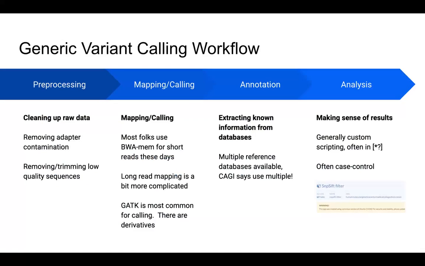But then for mapping and calling, for mapping DNA-seq, obviously RNA-seq is much more complicated. Alexis went through that two weeks ago. You can catch the recording. But for DNA-seq, most people use BWA-MEM. It works really well. And what's really coming online, if you're looking at large cohorts, is Google's Deep Variant.